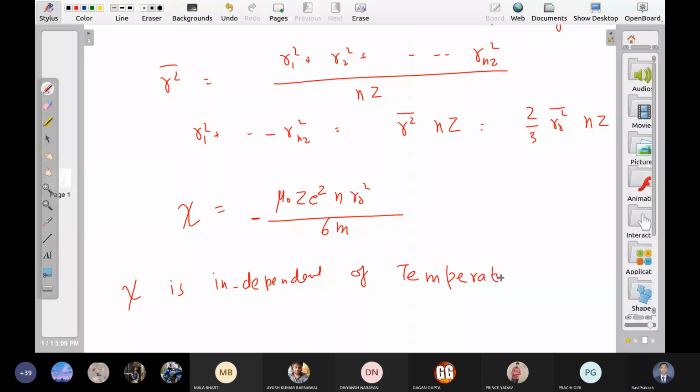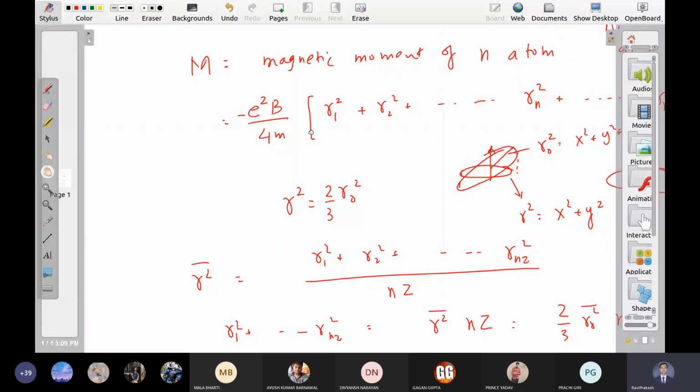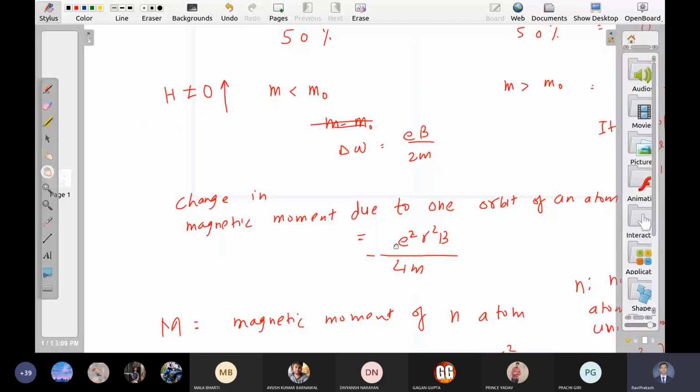Second, diamagnetism is everywhere, because this whole phenomenon is that the electrons are moving around atoms, and when you apply a magnetic field, they have different frequency. This is true for every atom. We did not consider any special case.